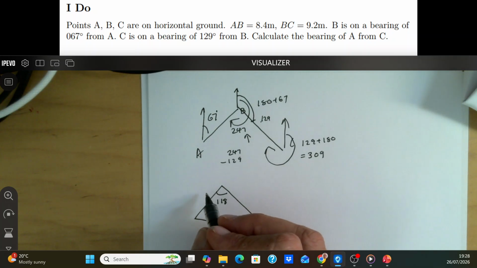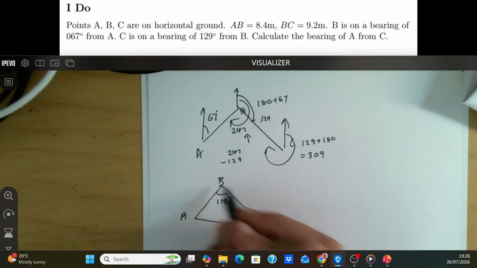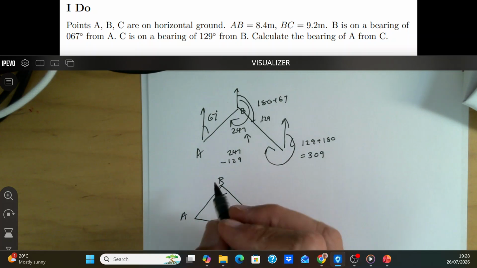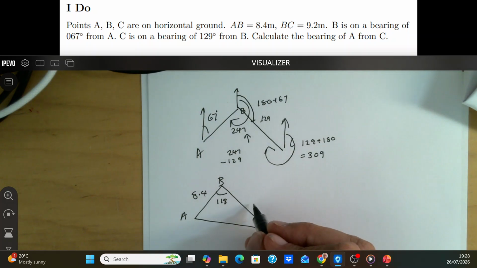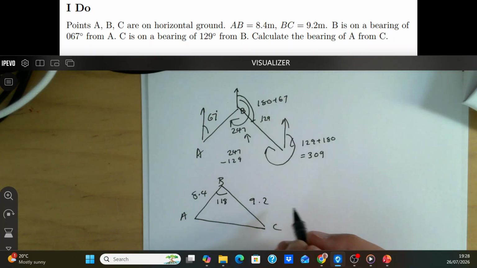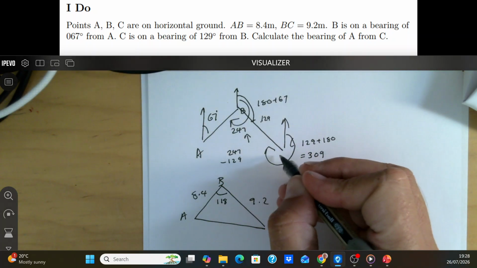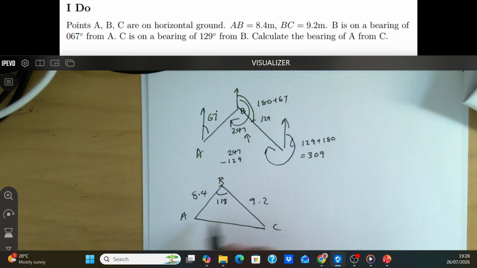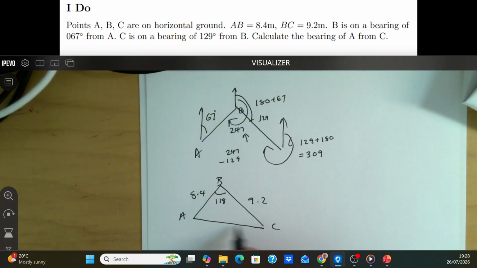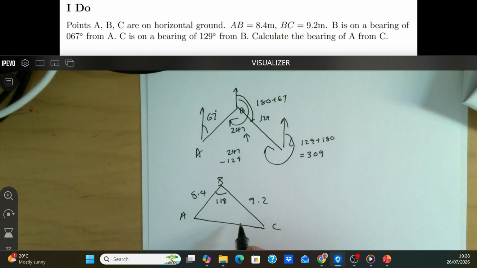This, A, B, C is 8.4. This is 9.2, and we're being asked to find effectively this angle and put it into a bearing. So I'm going to use the cosine rule to work out this side length here, because then I can start using the sine rule.